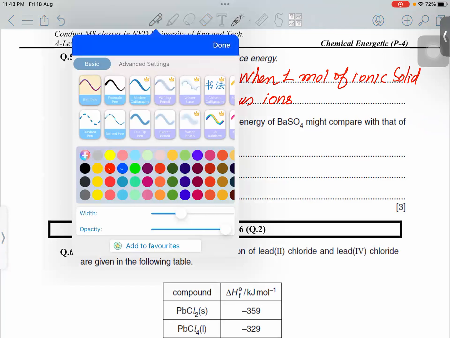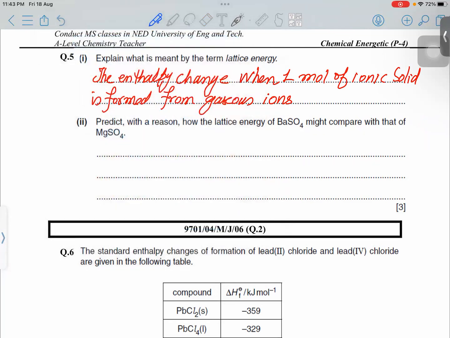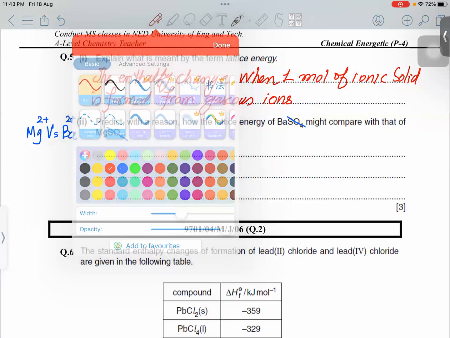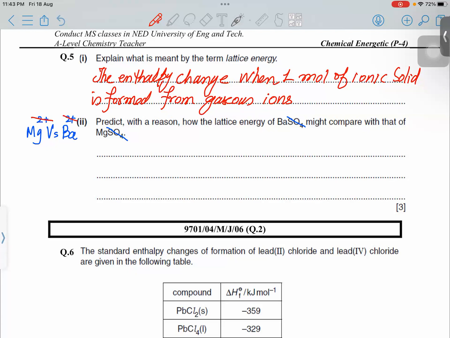Now compare magnesium sulfate and barium sulfate. Which factor will be cancelled out? Sulfate cancels out, and then charge cancels out, right? So the factor is size: beryllium, magnesium, calcium, strontium, barium. Which one is smaller?